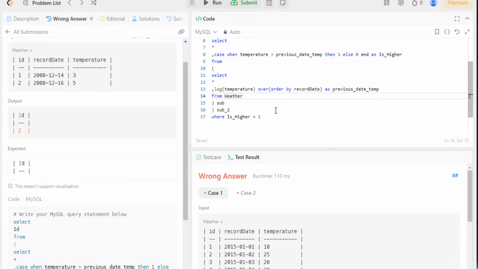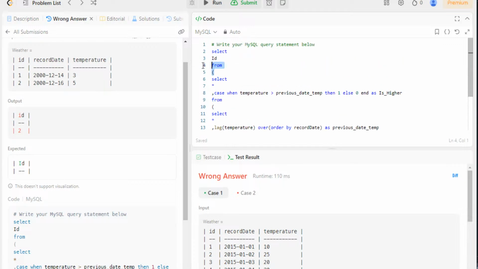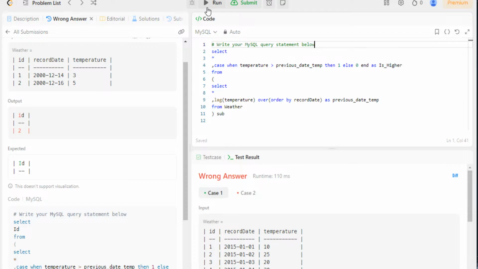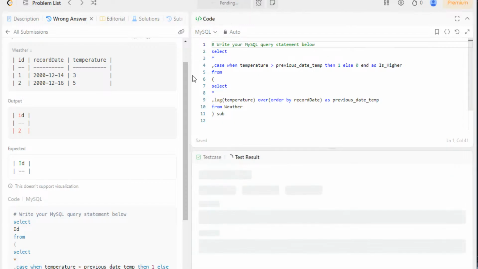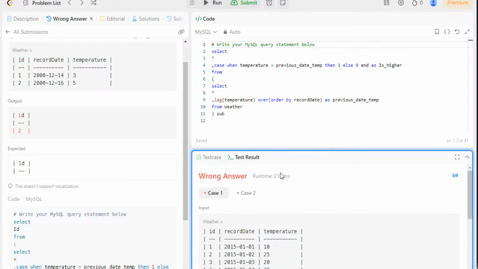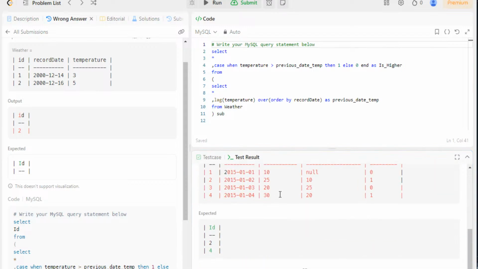Now I want to add, let's get rid of this and this.